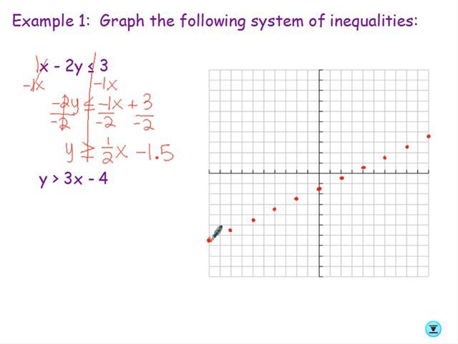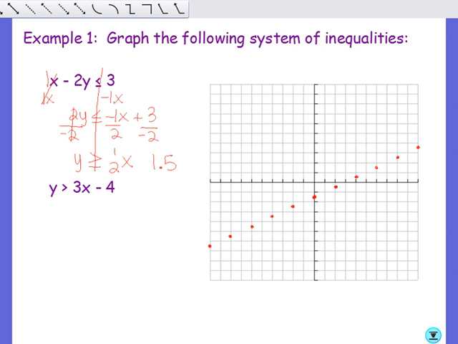Now, before I draw my line, I got to look at my symbol and decide if it's dashed or solid. Well, this has a bar underneath. Because it has a bar underneath, I am drawing a solid line. So I'm going to go solid all the way across and fix that so that it's straight.